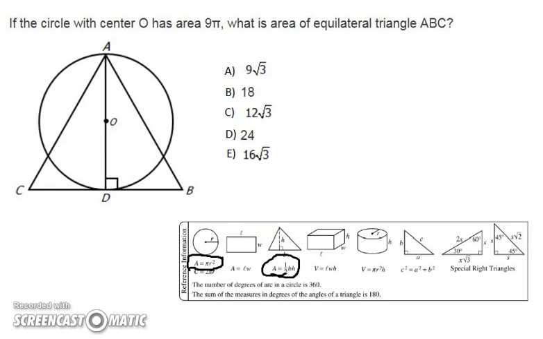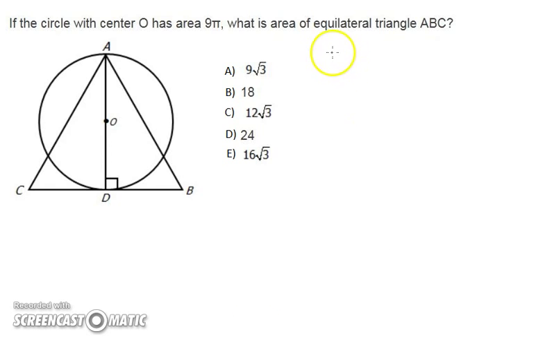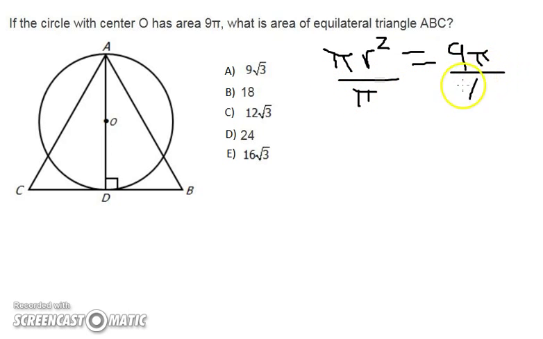So if the area of the circle is 9 pi, the formula for the area of a circle is pi r squared equals 9 pi. So if you divide both sides by pi, those cancel, and you're left with r squared equals 9.